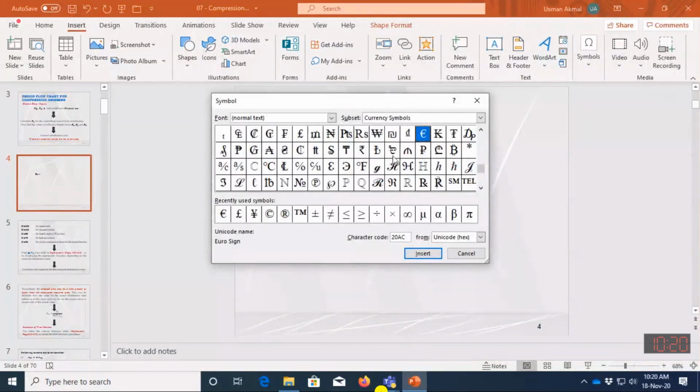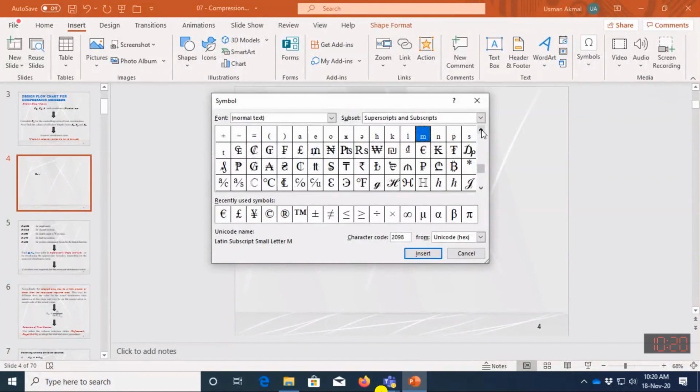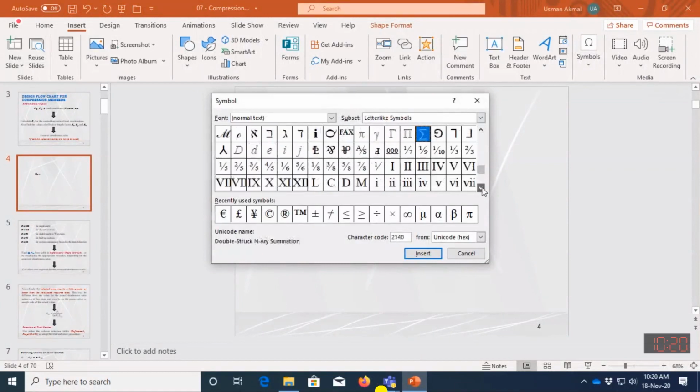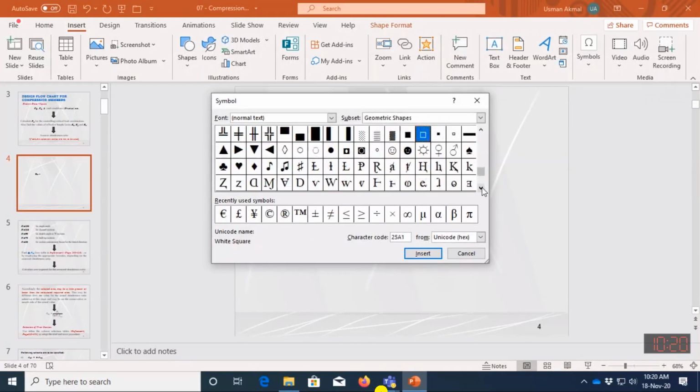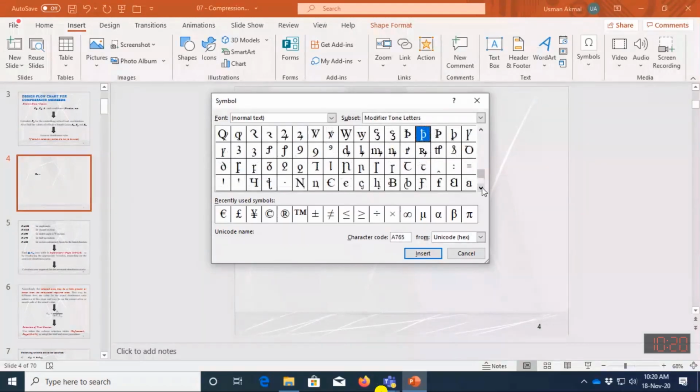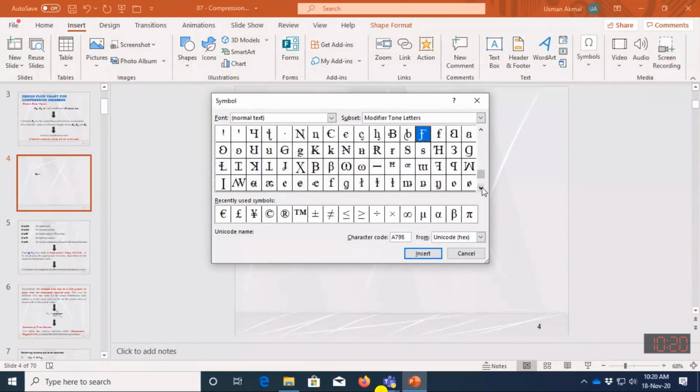So I have to pick the phi value. Alpha, beta. This is supposed to be phi, but this is not convenient.